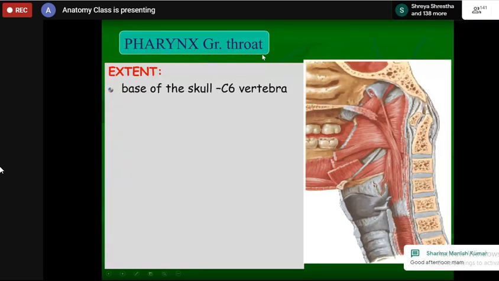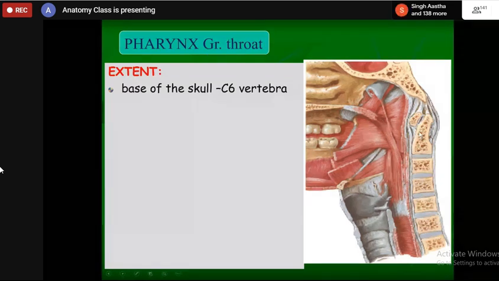Now, when you see this diagram, this one is known as the base of the skull, and these are the cervical vertebrae. You can easily count those vertebrae. This one is C1, C2, C3, C4, C5, and C6. Now, why is C1 small?